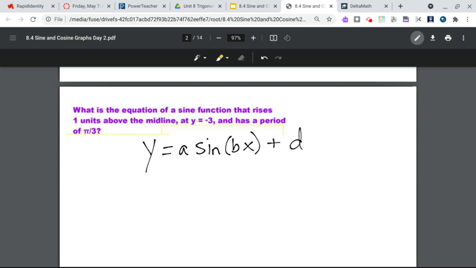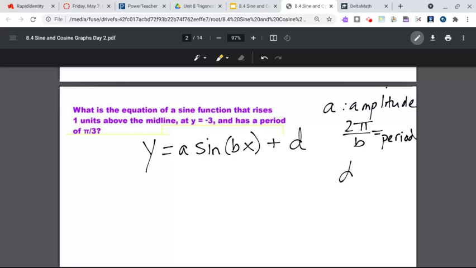Okay, so we know A is our amplitude. We know that 2 pi over B is our period. And we know that plus or minus D is our midline. Okay, so again, A is the amplitude, 2 pi over B is your period, which is one cycle of the graph.